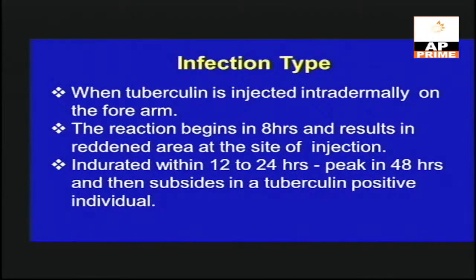in a tuberculin positive individual. The test is mainly done to know whether the person was previously exposed to Mycobacterium tuberculosis. If the person is exposed, he will be sensitized by the tuberculin protein, and when we inject the tuberculin protein, because he is already sensitized, he will show the type 4 hypersensitivity reaction.